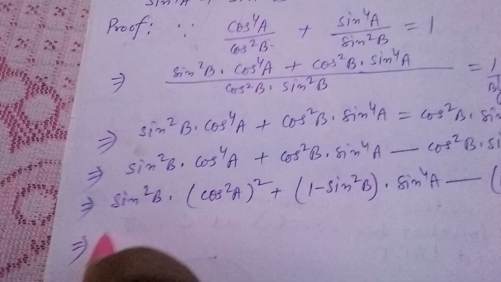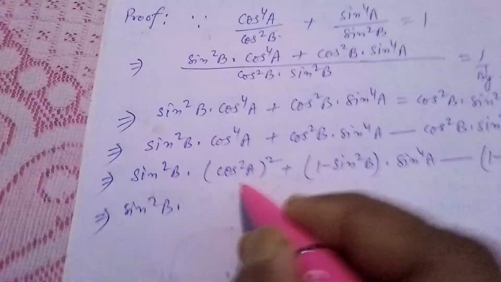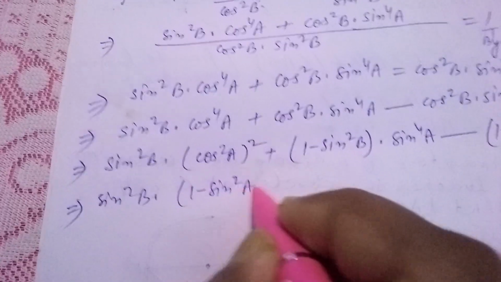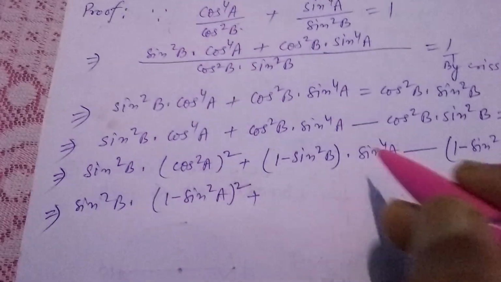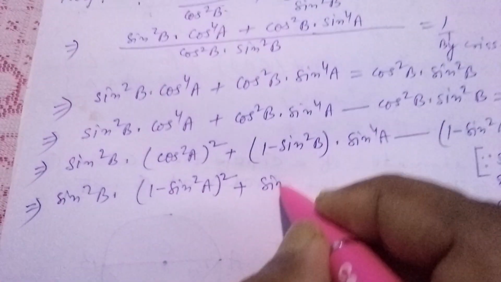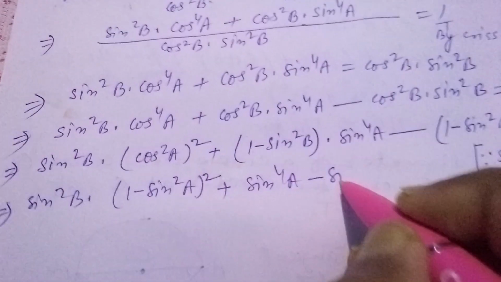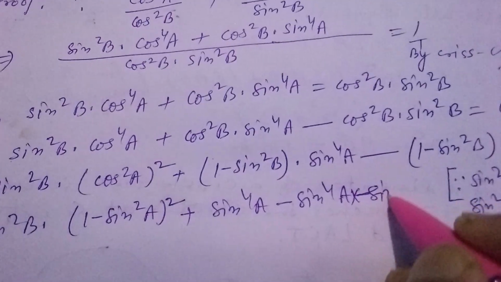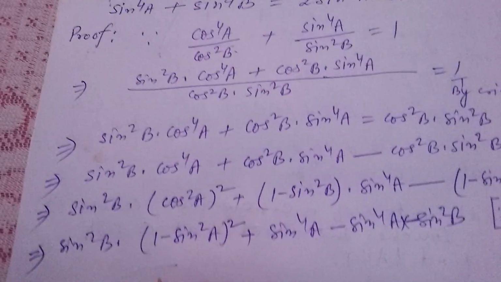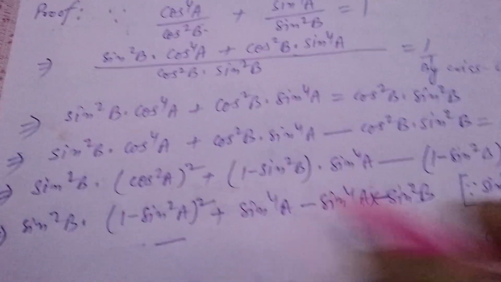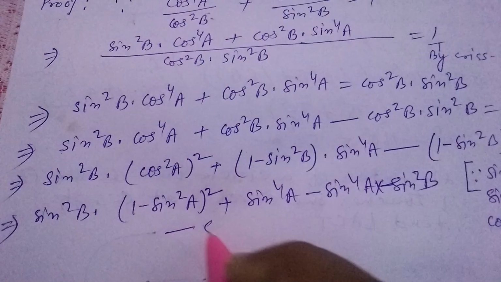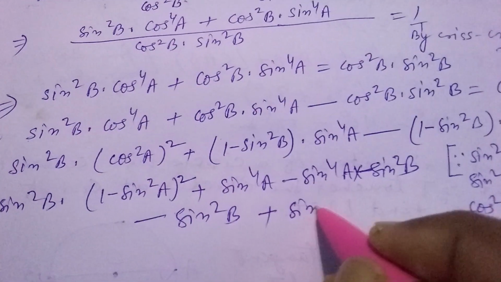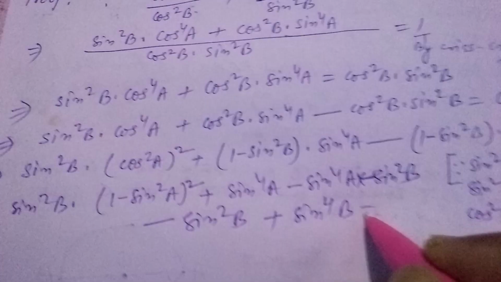Now here sin square b into, instead of cos square a we will write 1 minus sin square a to the whole square plus. Now here I remove the bracket and then I get sin to the power 4a minus sin to the power 4a minus, into sin square b. Again this bracket I remove, so this into 1 is sin square b, and minus minus plus, and this is sin to the power 4b equals 0.